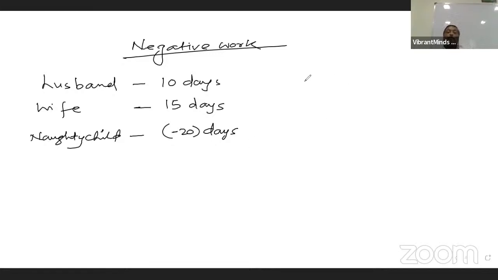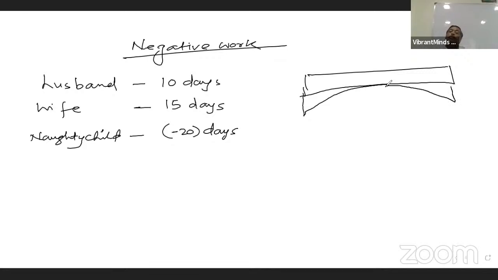Let's say the husband and wife both have started to build a bridge. They have started from this point. And as they progress, the child takes one hammer and starts breaking it. Let's say he has broken this part.